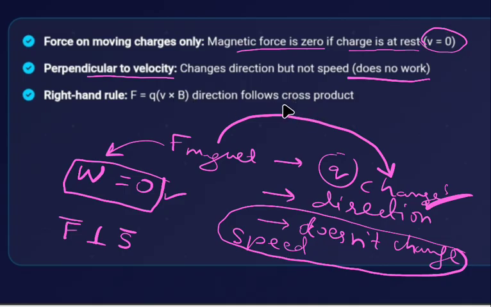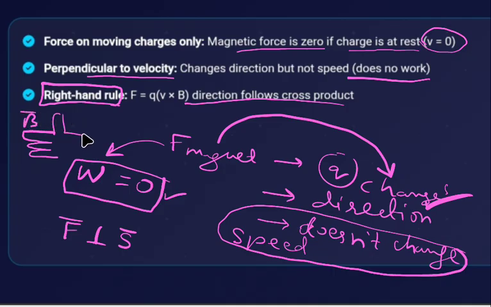And which rule shows the direction? Right hand rule. Thumb, forefinger, all the fingers show the magnetic field, the thumb shows the current direction, and the palm will show the force acting on the charge.